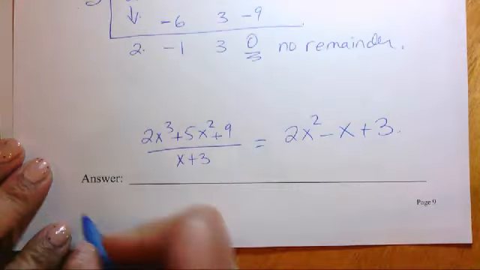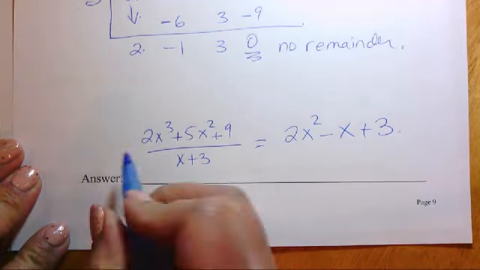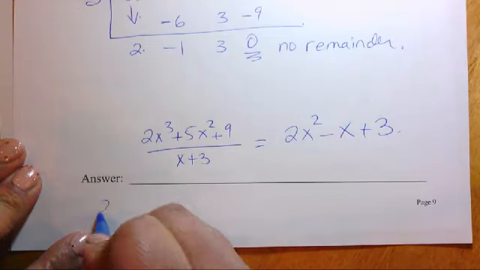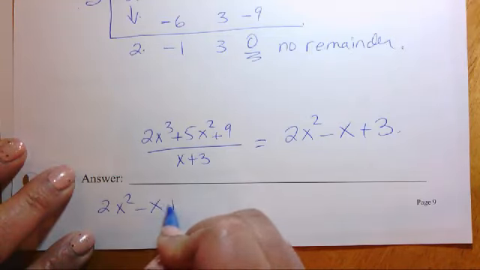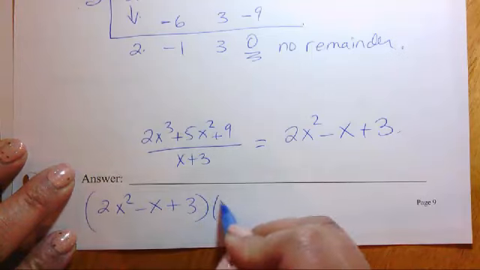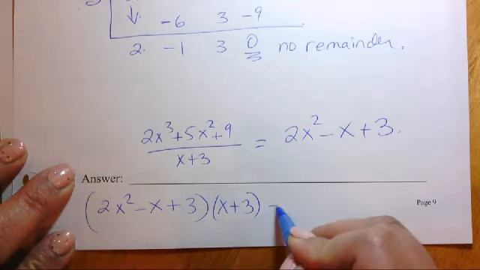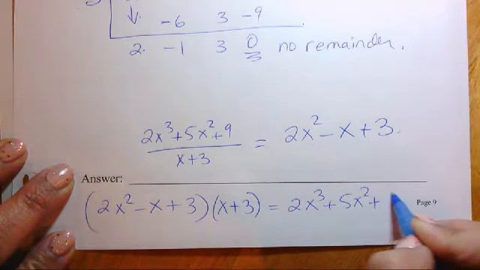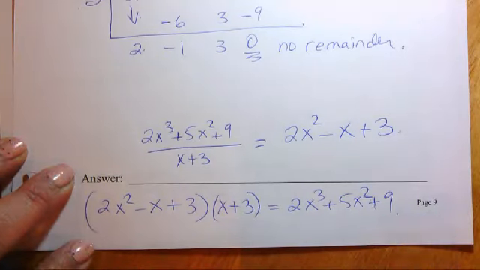You could also write it like this: 2x squared minus x plus 3. And if you were to multiply that back out with the divisor, we would end up with 2x cubed plus 5x squared plus 9. Okay?